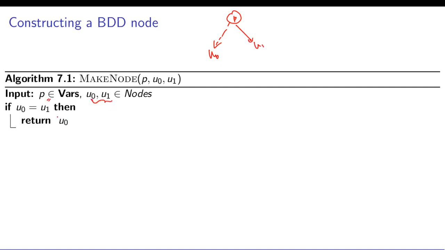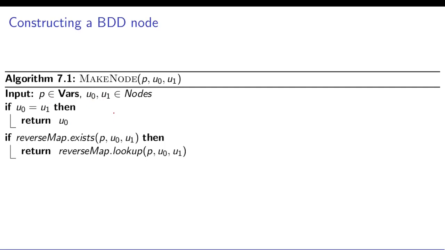If both the nodes are the same, then because of the definition of ROBDD, you return the child itself. You do nothing to build. If there is already a node which was constructed using these three parameters p, u0, u1, then you just look it up and return that node. You don't need to recreate it.